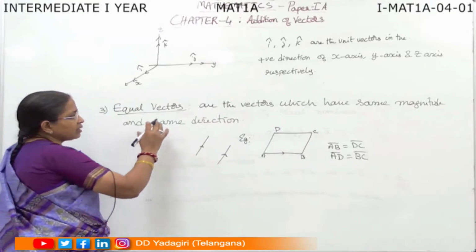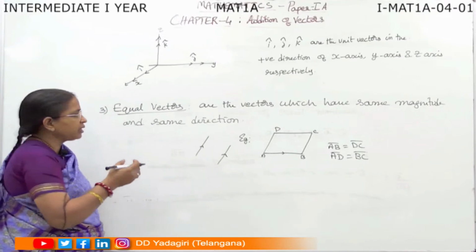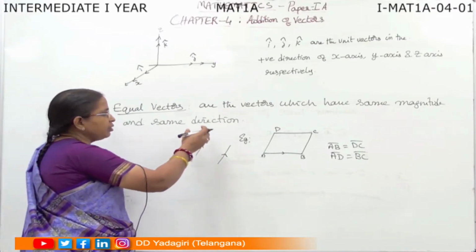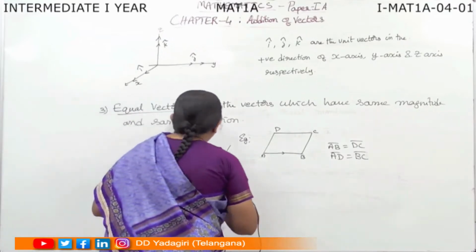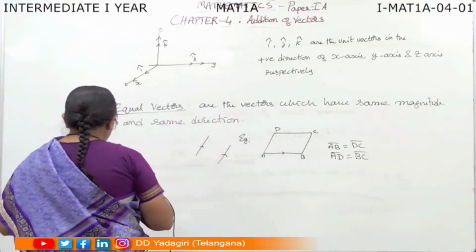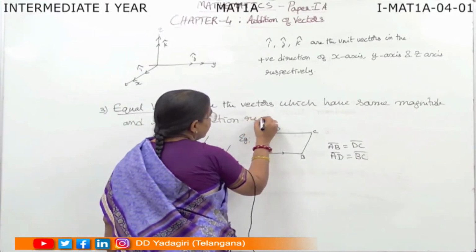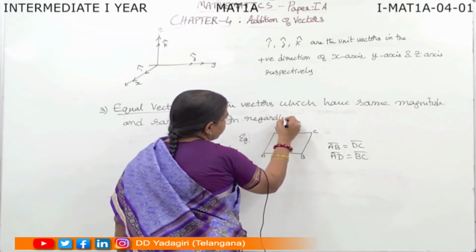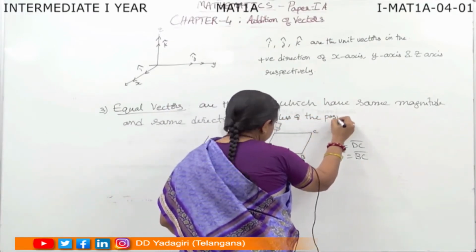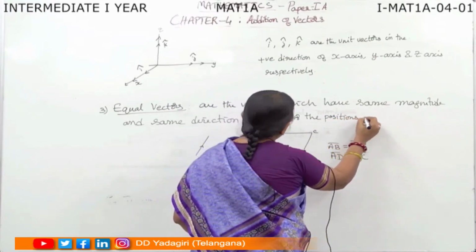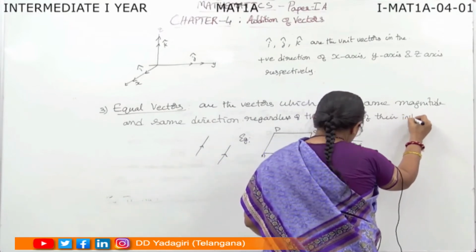So equal vectors will have the same magnitude and same direction, and they need not have the same position, irrespective of the positions of their initial points.